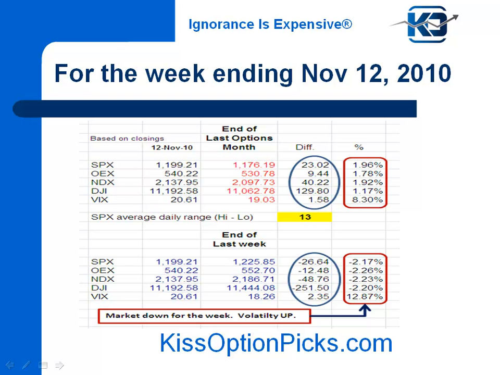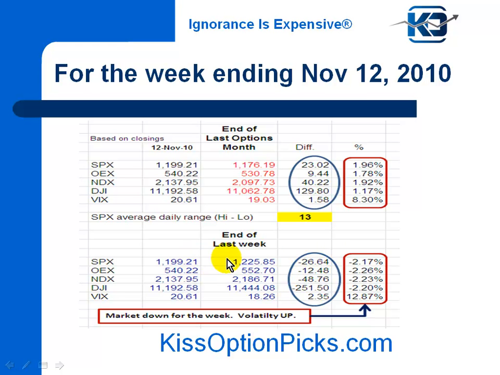Here is a table that compares the end of last week to the end of this past week, which is November the 12th, and also the end of the last options month to the end of November 12, which makes it a 4-week-long options month so far. A couple of things to look at. For the week the market is down, as you can see.